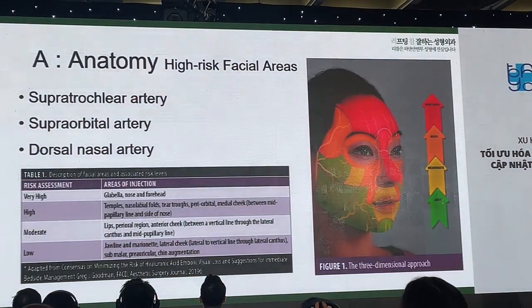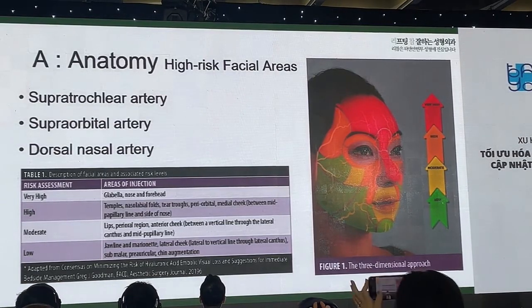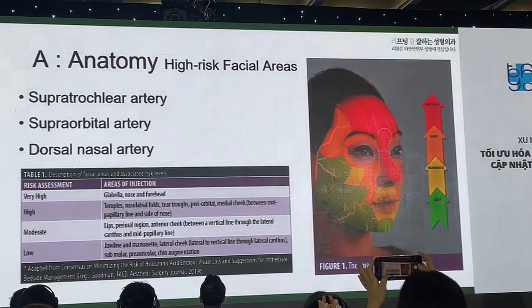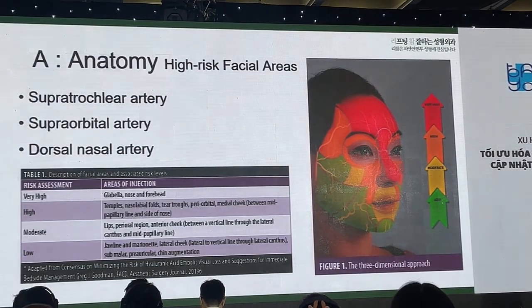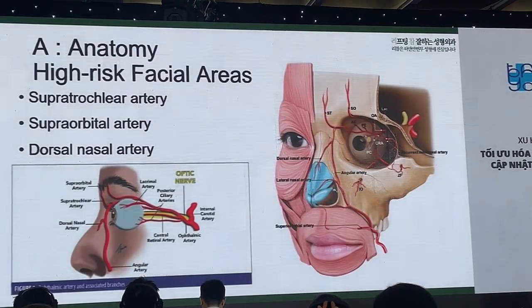First, A, anatomy. Thorough understanding of facial anatomy is fundamental. We must consider the depth, distribution, and common variation of major vessels and always identify the safe injection point. Particular caution is needed around the supratrochlear artery, supraorbital artery, and nasal artery.